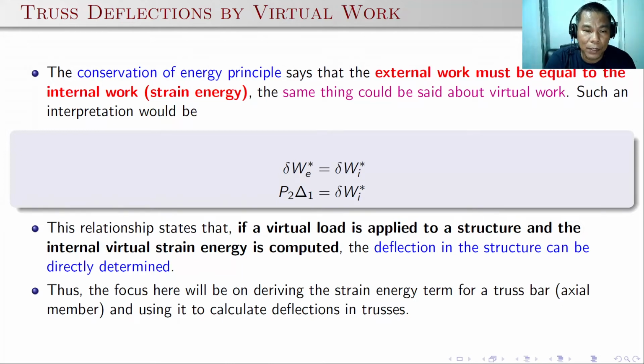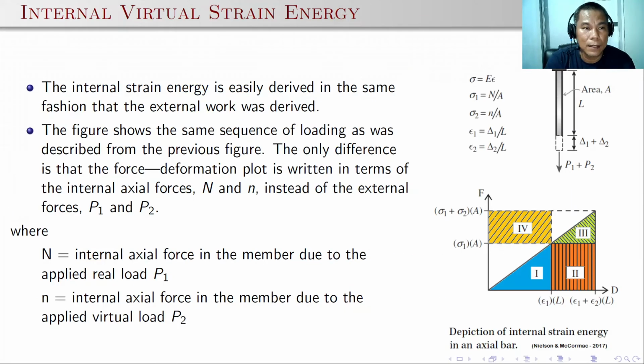This relationship states that if a virtual load is applied to a structure and the internal virtual strain energy is computed, the deflection in the structure can be directly determined. Thus, the focus here will be on deriving the strain energy term for a truss bar axial member and using it to calculate deflections in trusses.